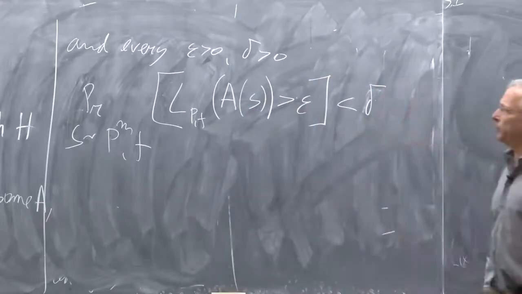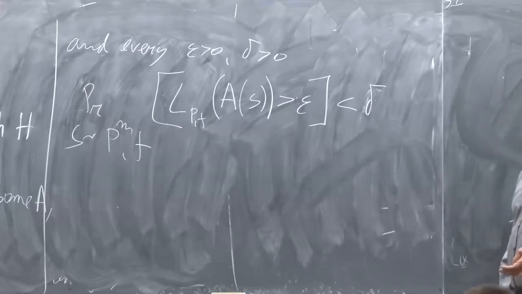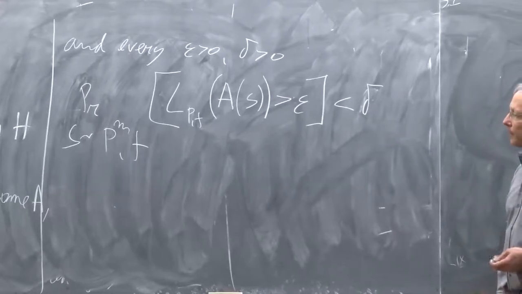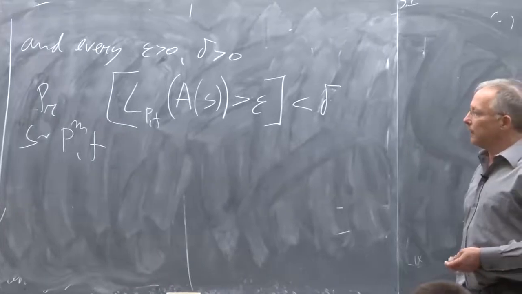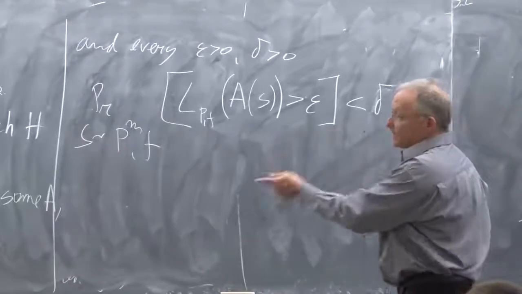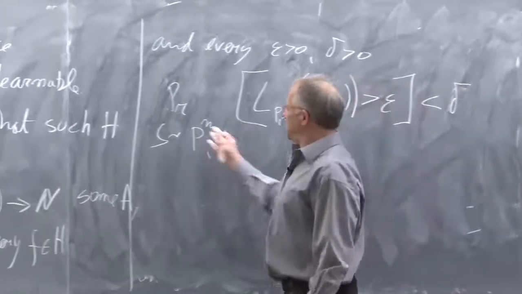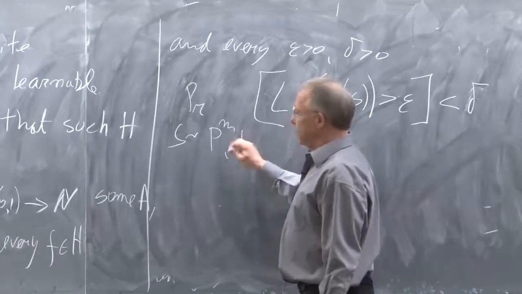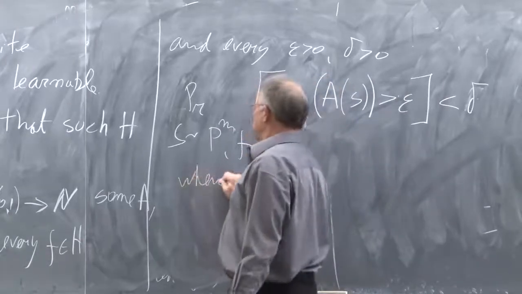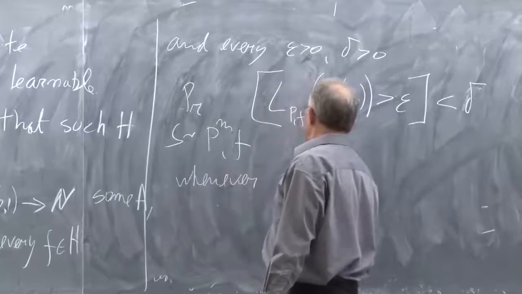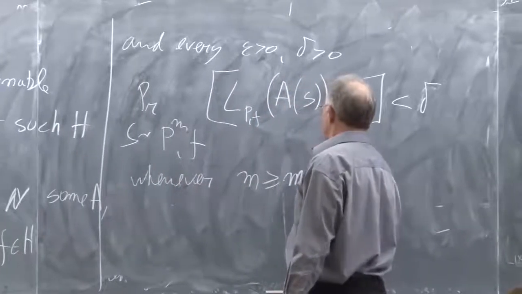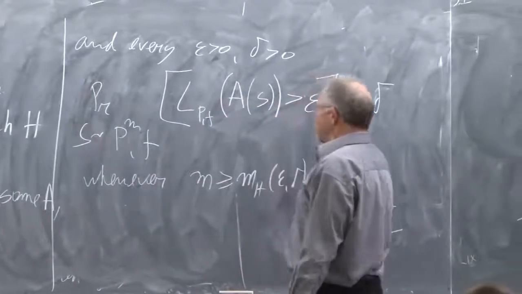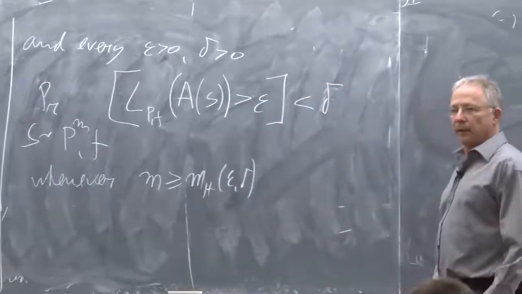That was our definition of PAC learnability. Whenever the size of S is greater than or equal to MH, in particular, this M is MH. Whenever M is greater than MH of epsilon, delta. So I just repeated the definition.